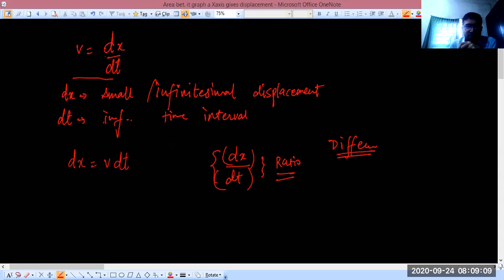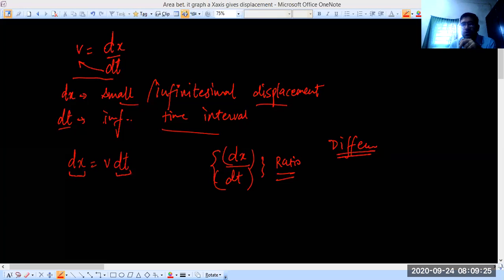So here we multiply by dt on that side and write dx = v dt. This gives you the small displacement dx in a small time interval dt.